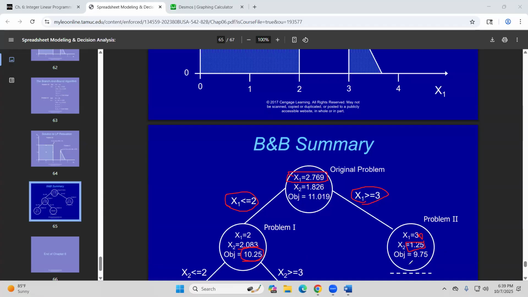So that means I don't need to follow this anymore, okay? So I cut this branch, we stop right here. We don't continue anymore. Okay, now let's discuss this branch and what happens. So this branch continues.